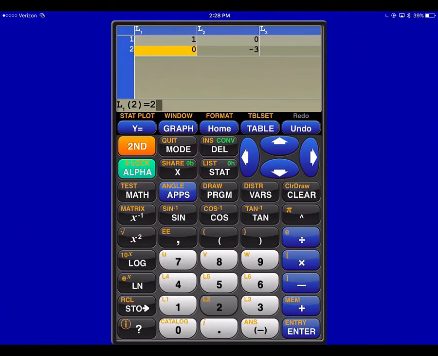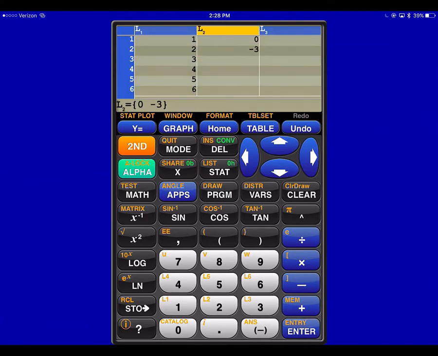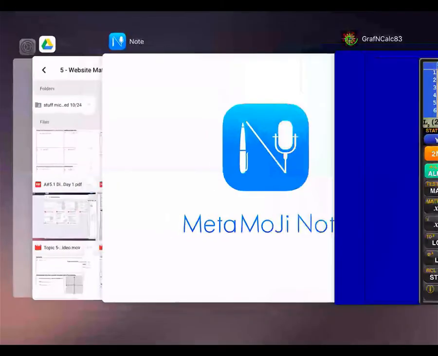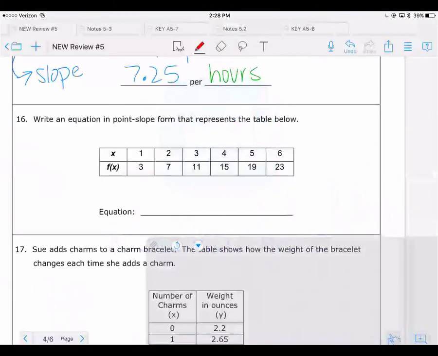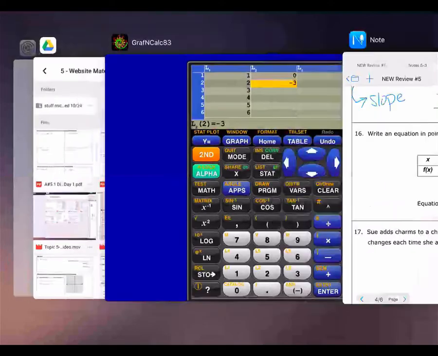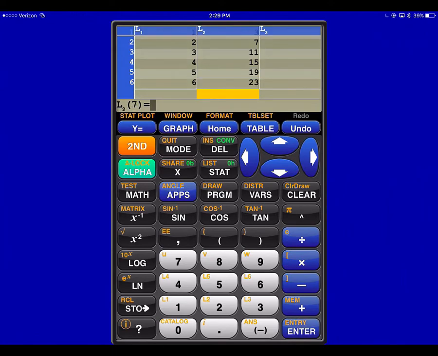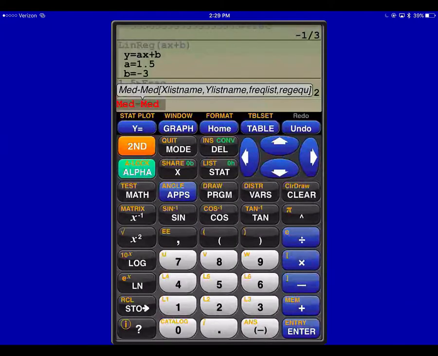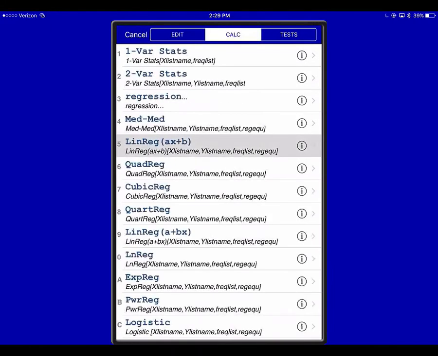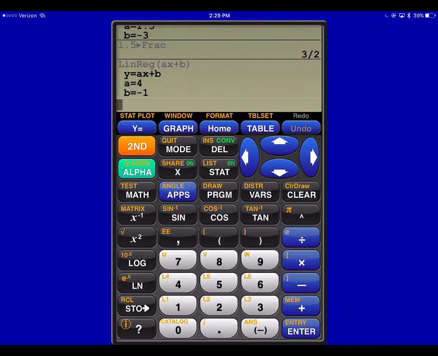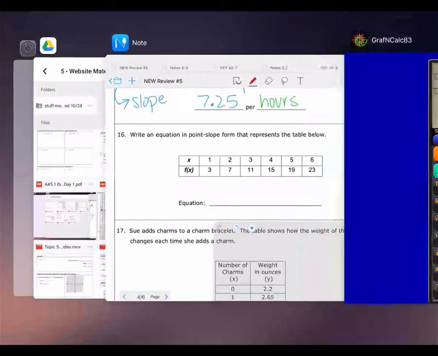So we have 1, 2, 3, 4, 5, and 6. And then my y's are 3, 7, 11, 15, 19, and 23. From here, stat calc 4, enter, enter, enter, and we get 4x minus 1.